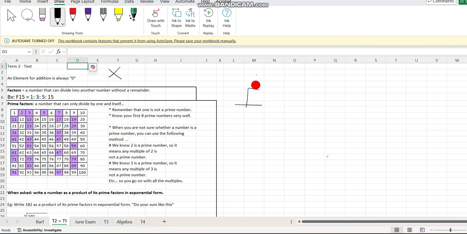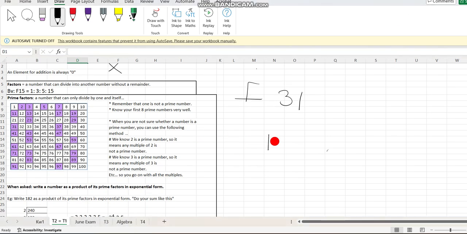Let's say, for example, the factors of 31. You will know immediately that 1 and 31 will go in there. What's the half of 31? 31's half would literally be 15 and a half, which means that doesn't count. Then you know after that nothing is going to go into 31.